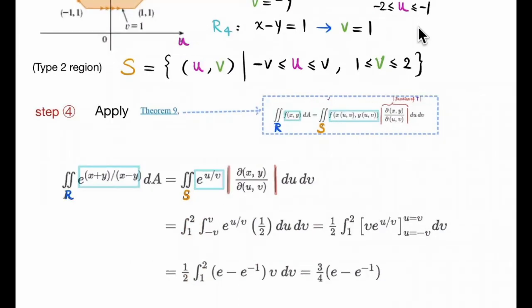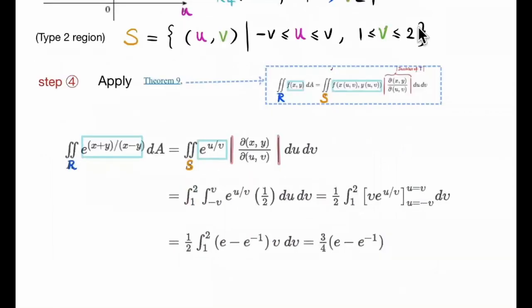Notice that using this change of variables in a double integral, we're able to take this integral that's a little bit difficult to integrate and change it into an integral that is much simpler to integrate. And we got the result.